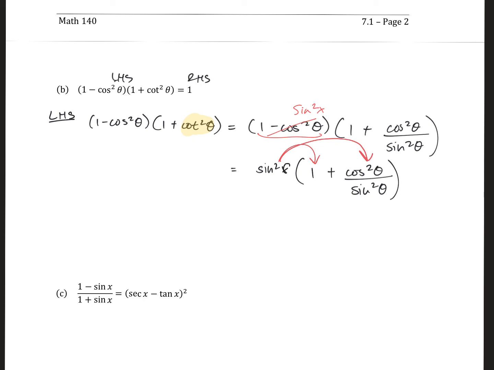Oops, I wrote x. That should be a theta. Okay, so when I multiply that out, I'll get sine squared theta plus sine squared theta cosine squared theta all over sine squared theta. Those guys will cancel out. And we'll be left with sine squared theta plus, ooh, look at this, sine squared theta plus cosine squared theta. What does that equal? Hopefully by now that is just sort of grilled into your brain.